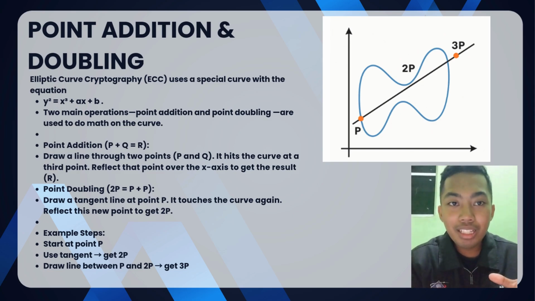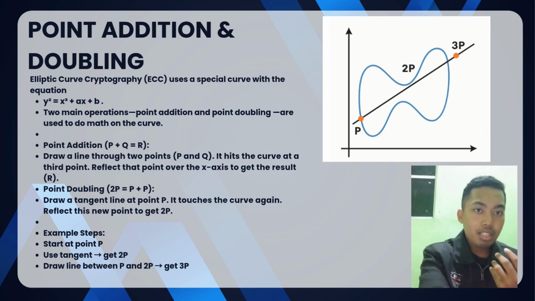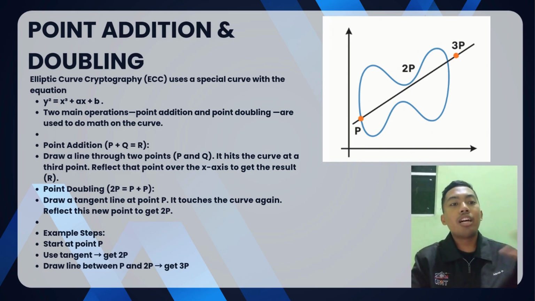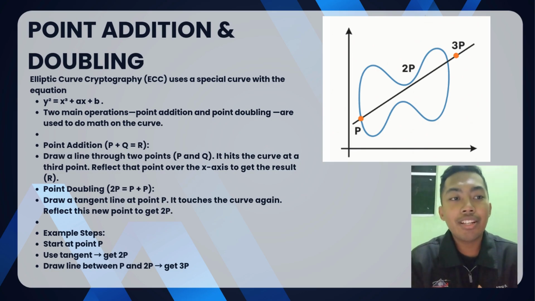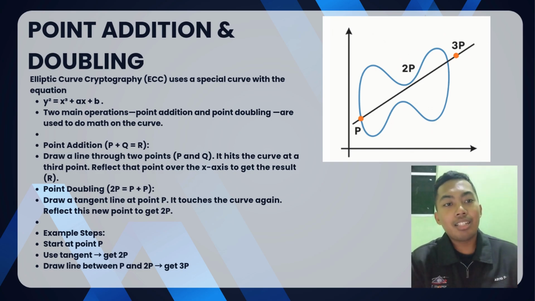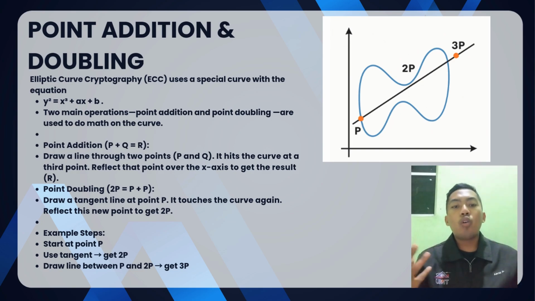In this example, let's say A is Messi and B is Ronaldo. Both of them want to create a shared secret without sending it directly. This is like making a secret handshake where no one else knows the pattern.